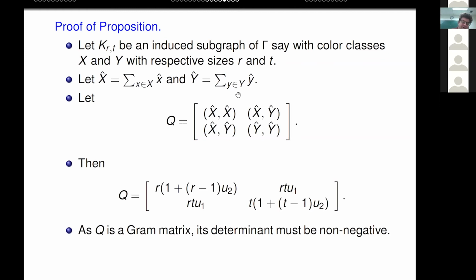Then you can calculate that this is exactly this matrix. But this must be a positive semi-definite matrix, so its determinant must be non-negative. Then you calculate the determinant, take R equals 2, and that finishes the proof. The polynomial you get is a little bit dirty, but in the end, with a little bit of twisting, you can show the proposition.